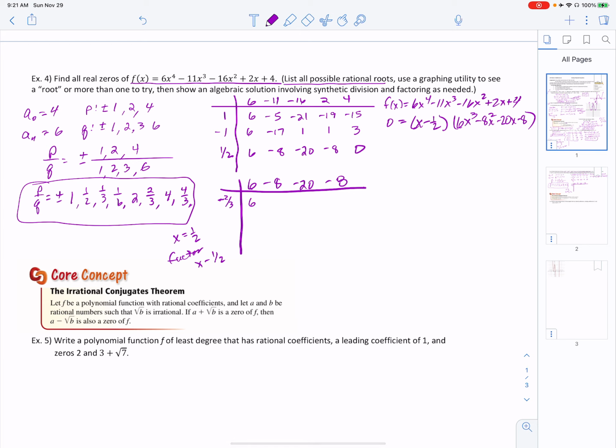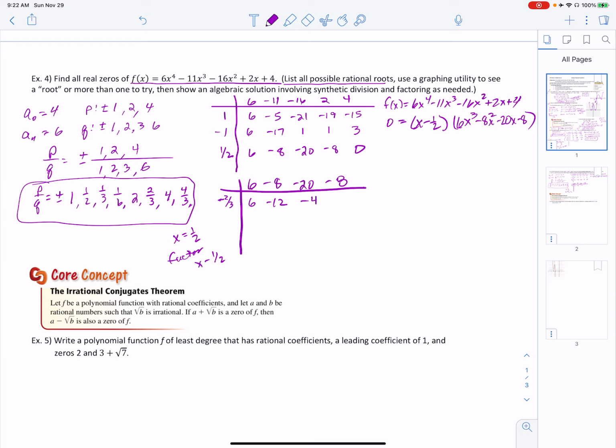So bring down the 6, times a -2/3 is a -4, and a -8 is a -12, times a -2/3 is a +8. And I was expecting this to come out a little different.